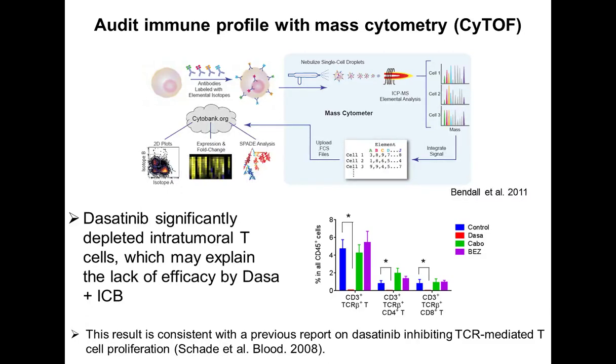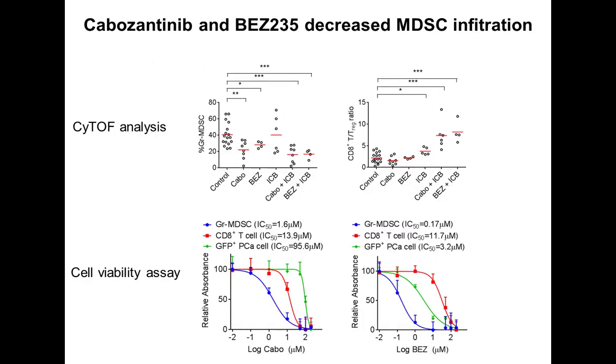So this result retrospectively is consistent with the previous report showing dasatinib inhibiting TCR mediated T cell proliferation in a different system. So in the following studies, we focus on the other two drugs that demonstrate a combination effect.